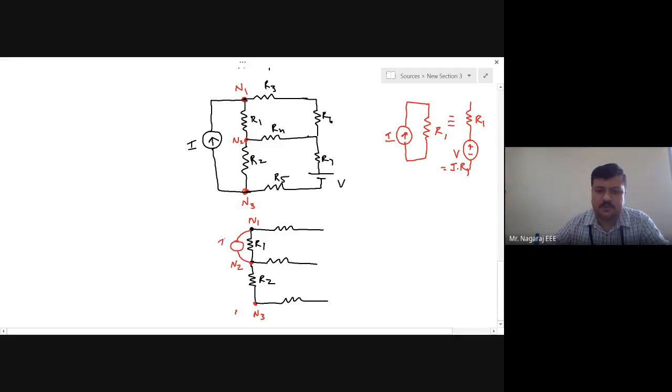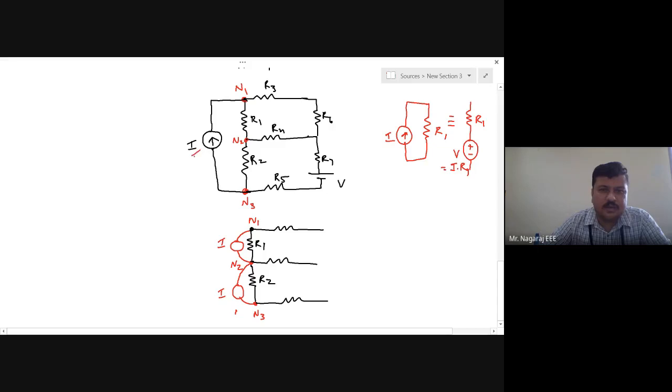This is the current source I. Now, how should be the direction of the current source? See, observe, the current is entering node N1.